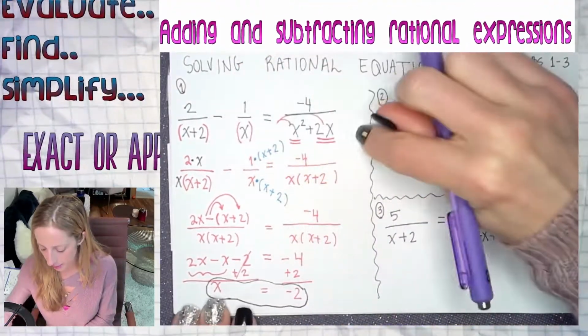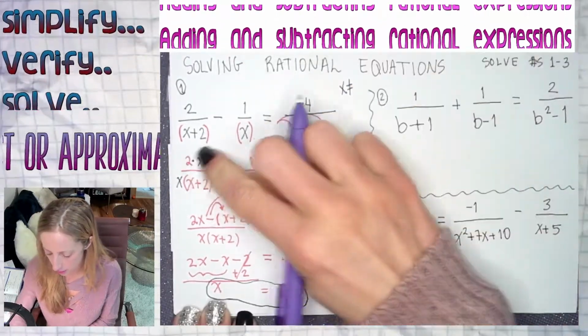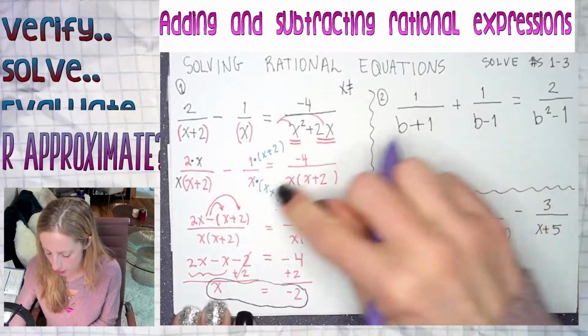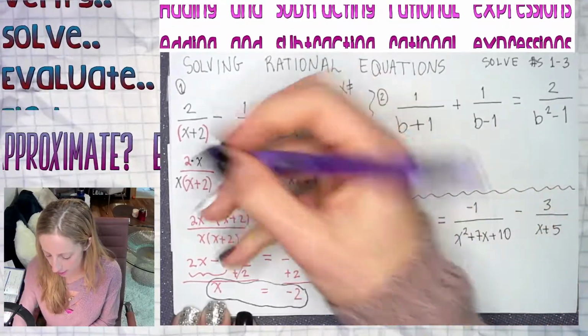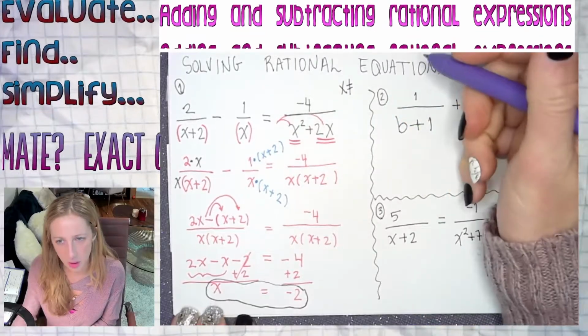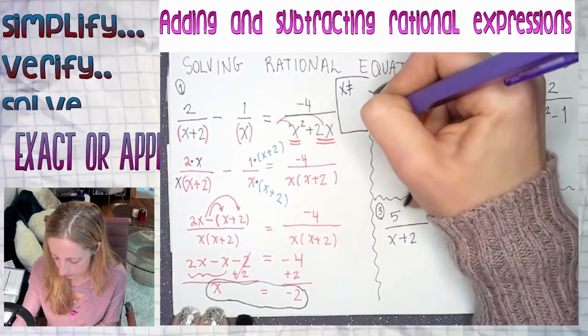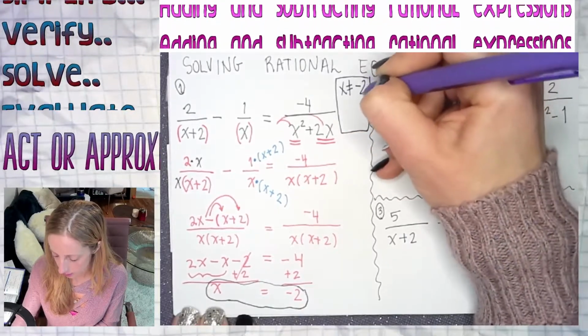So let's go back. Restrictions. What's x not allowed to equal? Maybe look at this denominator here. Two things. I see two numbers x is not allowed to equal. -2. Uh-oh. Yep.